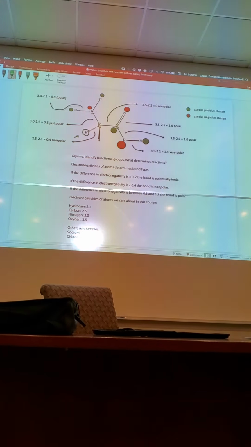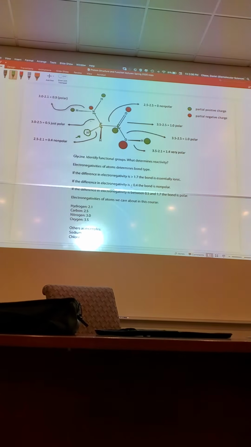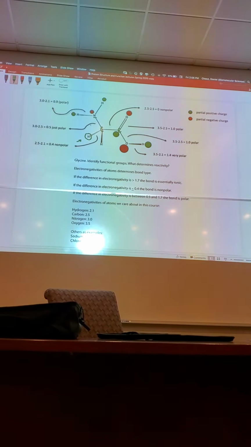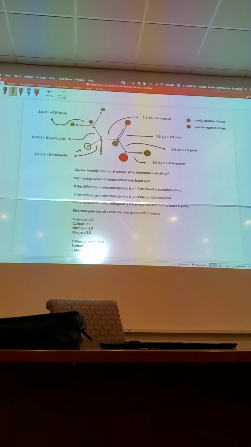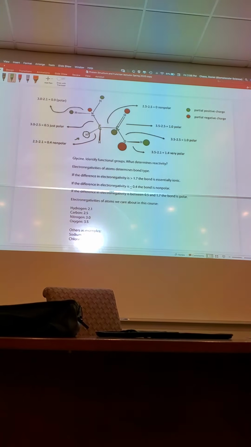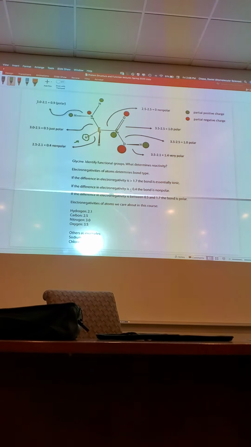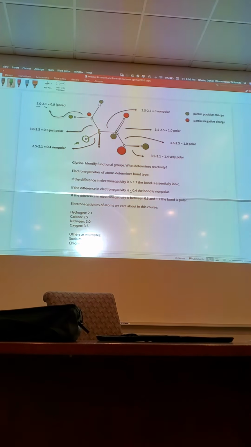So we can look at them as a whole and examine the polarity of their covalent bonds. And that will inform us about things that they're capable then of doing. If we looked at the electronegativity of nitrogen, it's 3, and of hydrogen, it's 2.1.